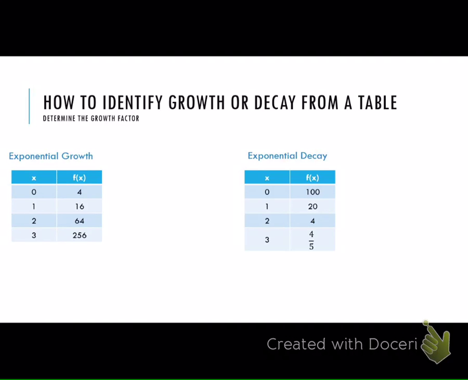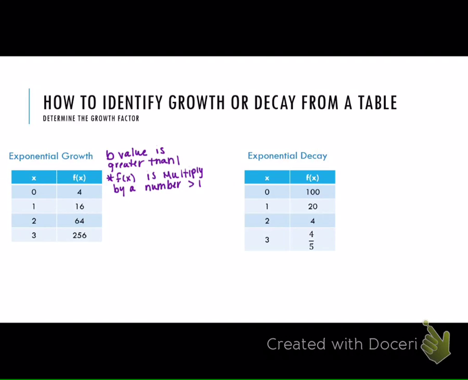Okay, remember we said the b value is greater than 1. So f of x is multiplying by a number greater than 1.